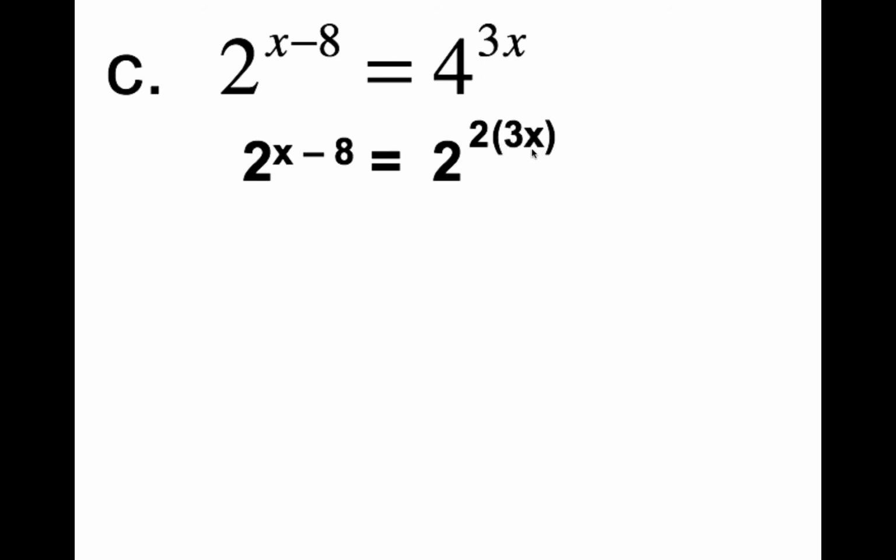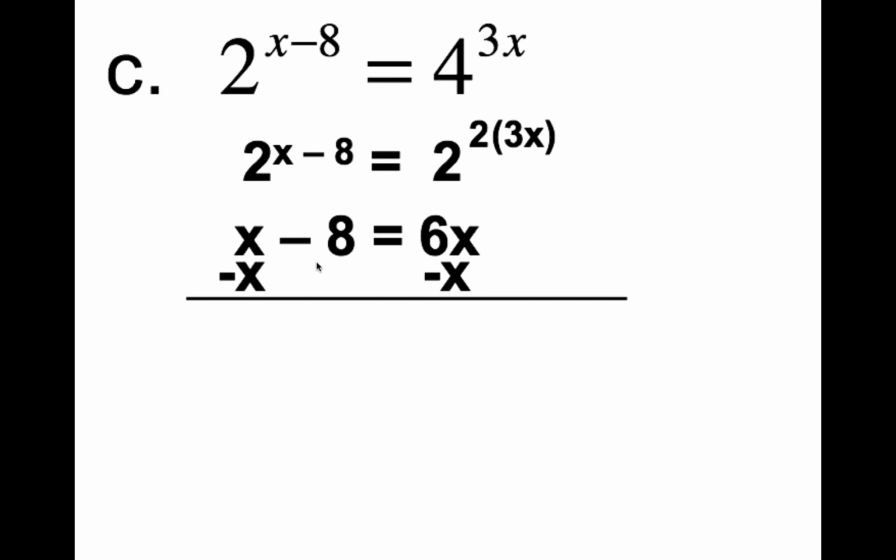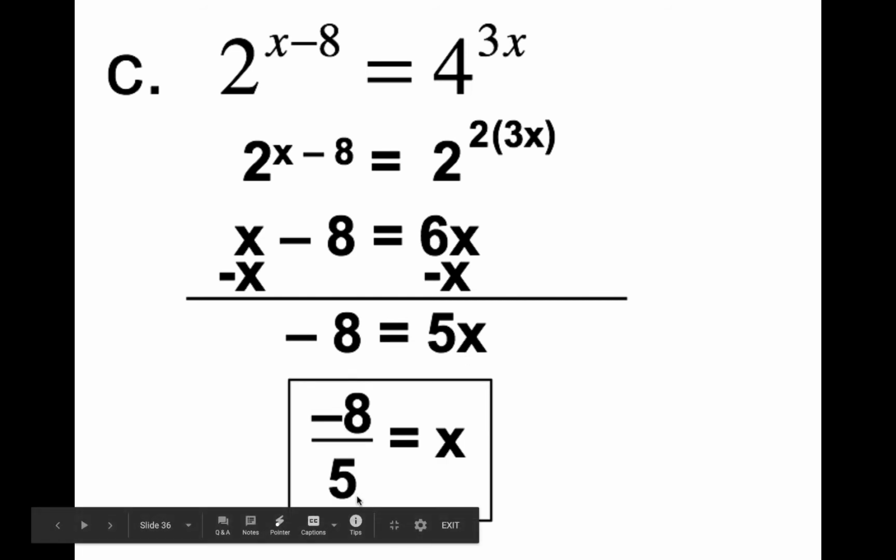So the 3x is going to drop down. Since we now have our bases equal, you can say that x minus 8 equals 2 times 3x, which is 6x. Subtract x from both sides, I get negative 8 equals 5x. To get x by itself, divide by 5, so it's negative 8 over 5.